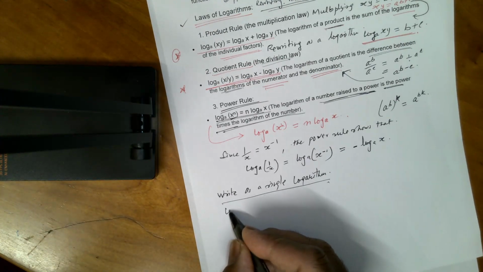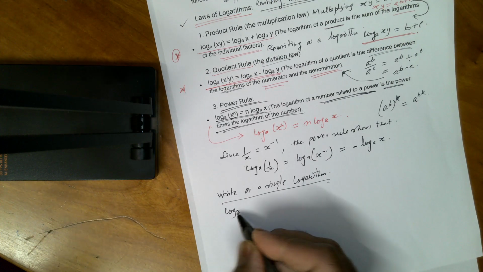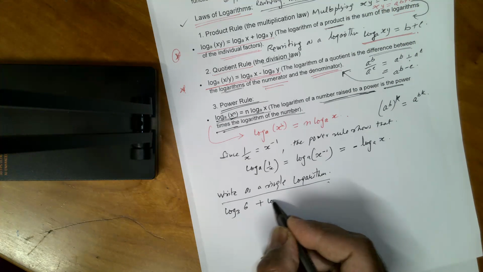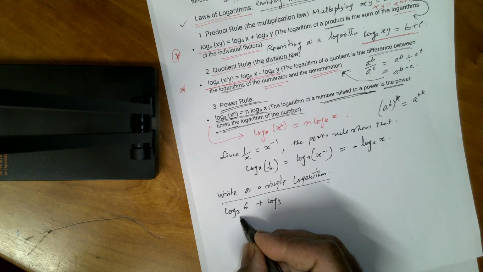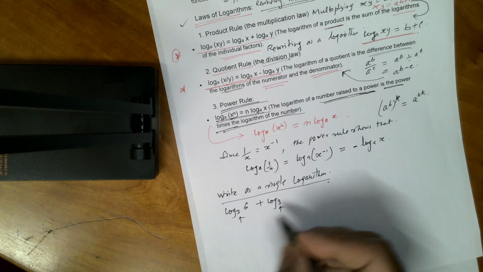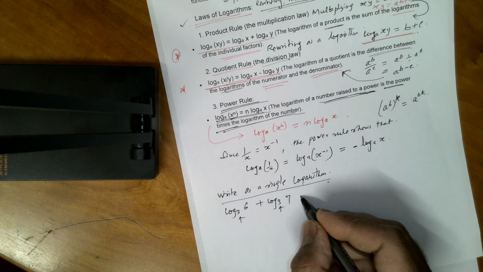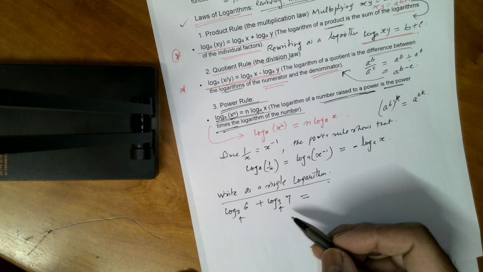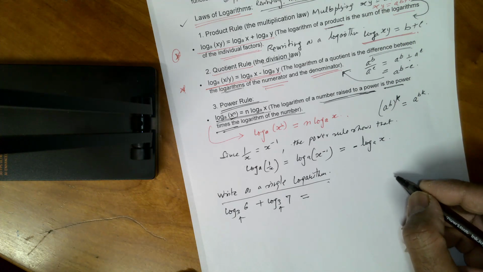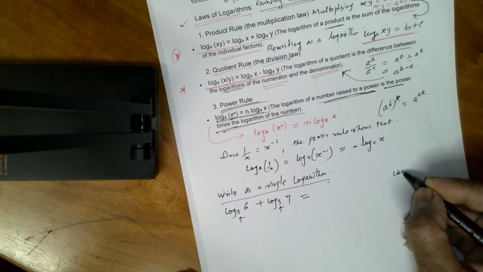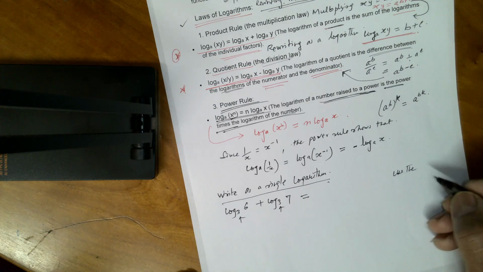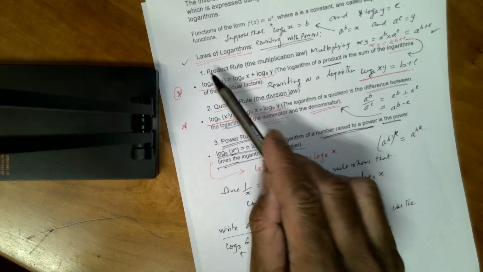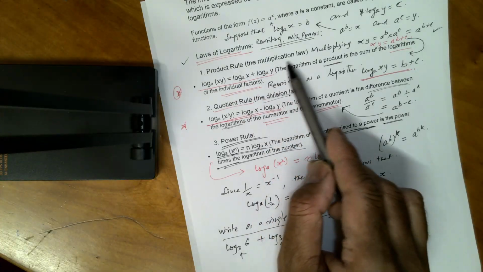So you got here log base 3 of 6 plus, and you see the base has to be the same when you have these kind of rules applying. So right, here you will use the multiplication law, the laws of logarithm, product rule or the multiplication law.